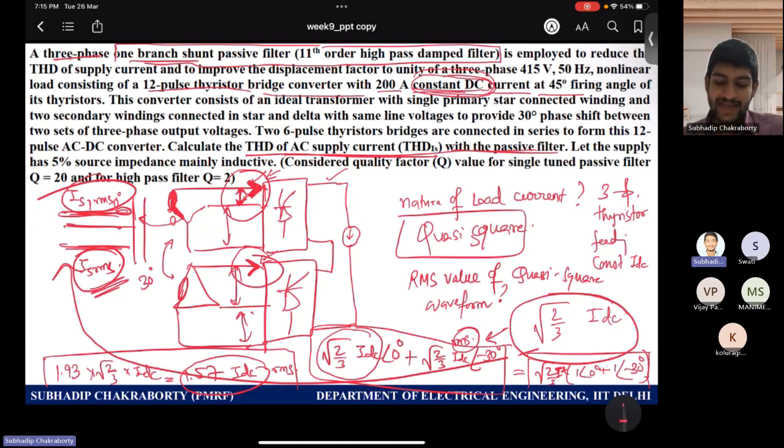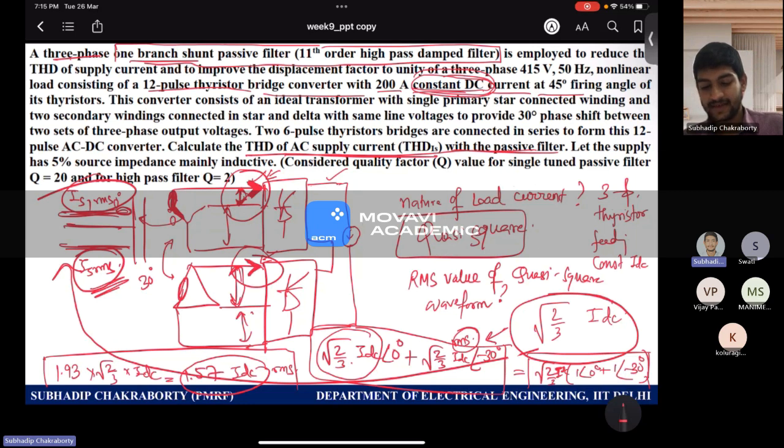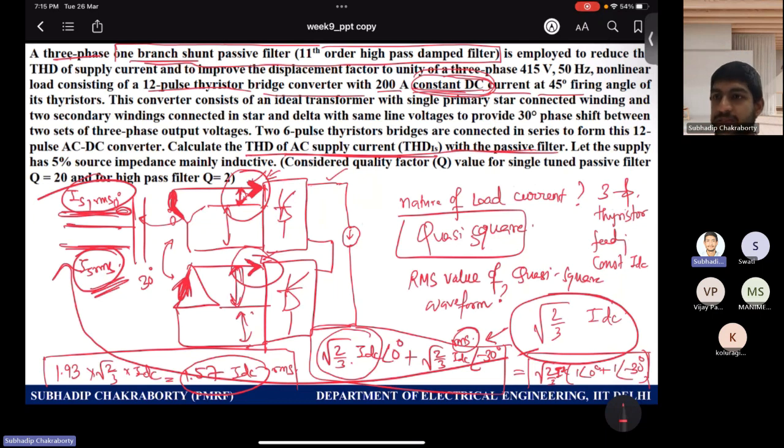But in the line to line, they have phase displacement. So this current will have phase displacement with this current. That was the main catch, that 30-degree catch: from phase to line you go, and then line to phase you come, you have a 30-degree mismatch.